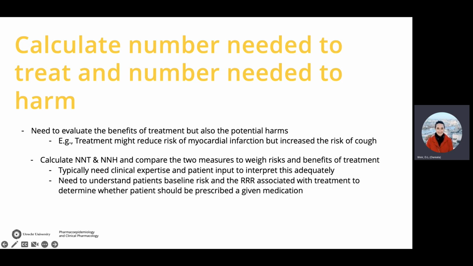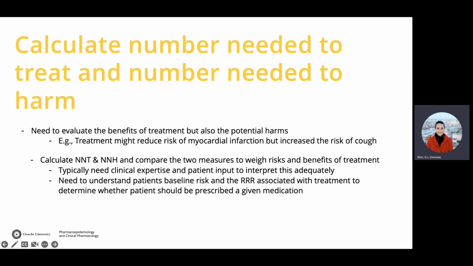A given treatment or new study drug might reduce the risk of myocardial infarction, which is important and is a benefit, but it also might increase the risk of cough, which is a harm after all, and obviously not as severe as experiencing a myocardial infarction, but still important to be able to balance the risks and benefits of a treatment.